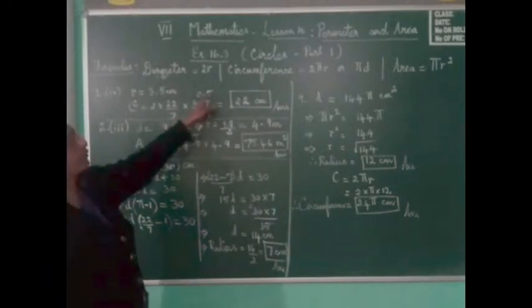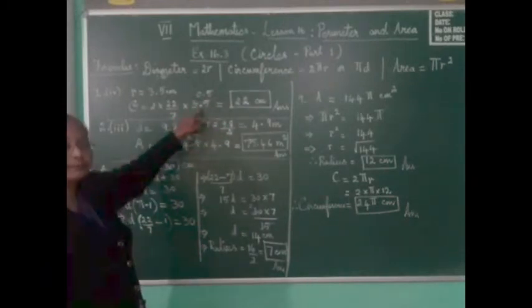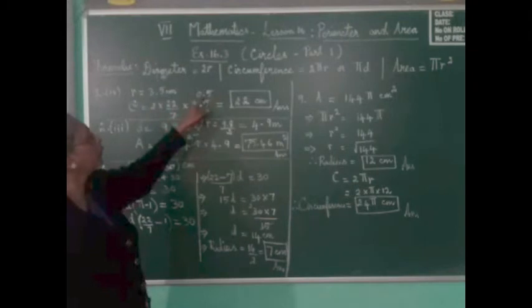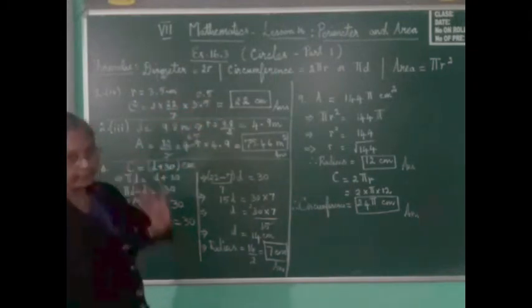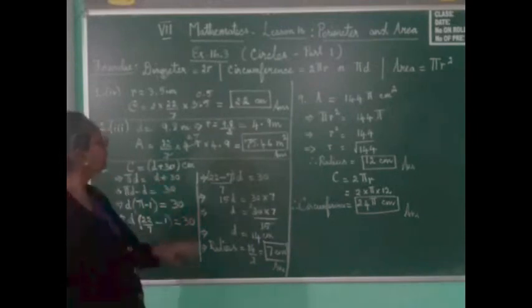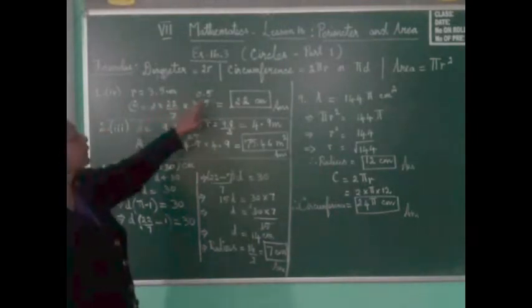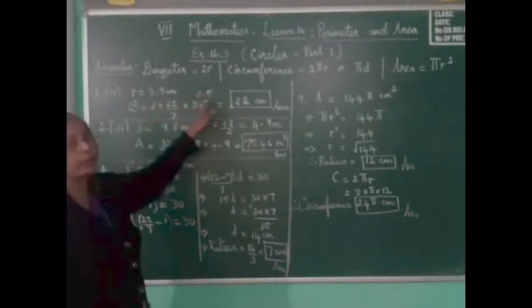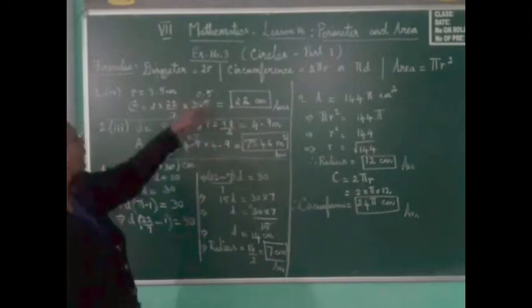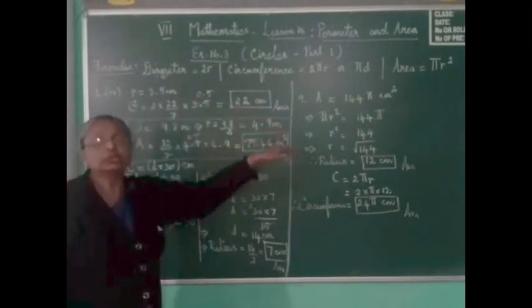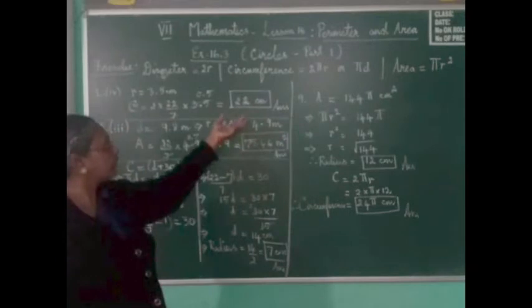So we get 0.5 because of 1 decimal place. So 0.5, and 2 into 22 into 0.5. When we multiply 2 and 0.5 it will become 1, and 1 into 22 you will get 22. So it's a very easy calculation only.